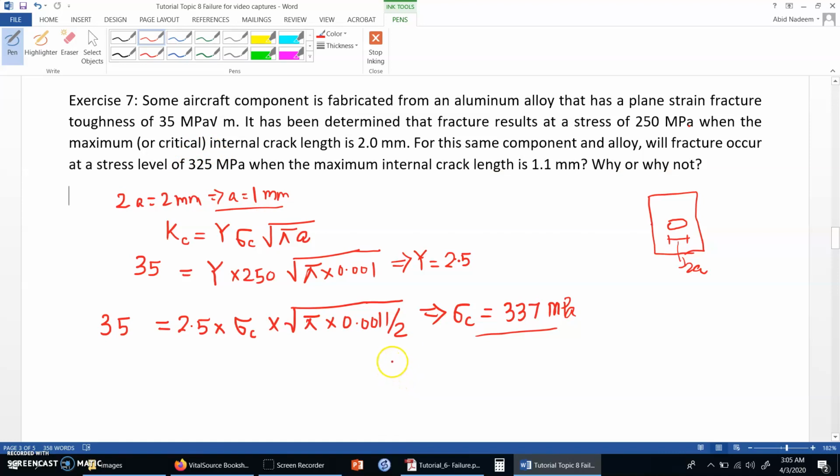So the applied stress is less than the critical stress. Therefore in this case we can say that there will be no cracking. Will the fracture occur? We can say that fracture will not occur.